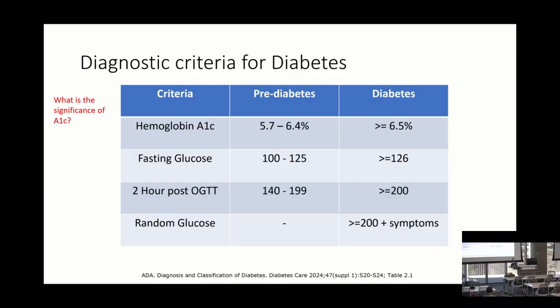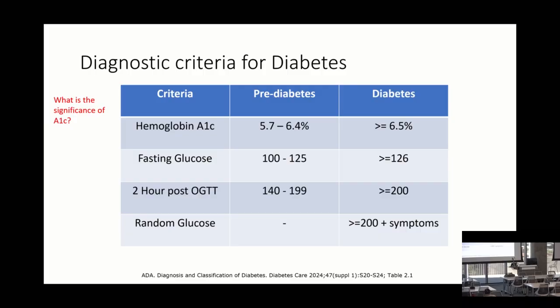A1C, what is A1C? Glycosylated hemoglobin, in the red blood cells. So that's a more complete answer.